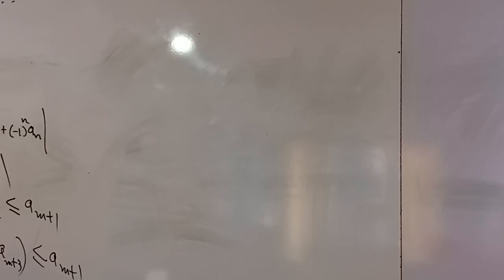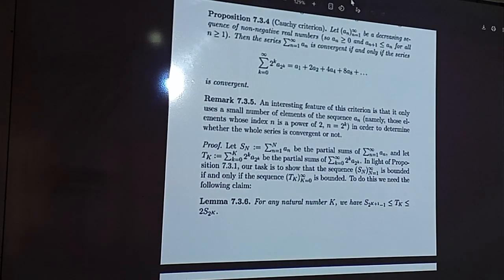So this is a very important test, the Cauchy condensation test, to prove convergence or divergence of some series. That's the only way I know for some series. You need to remember here, in the alternating series test, a_n is decreasing and the limit is equal to 0.